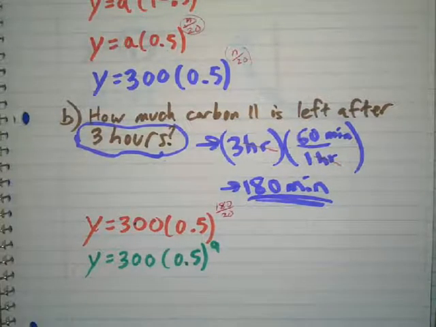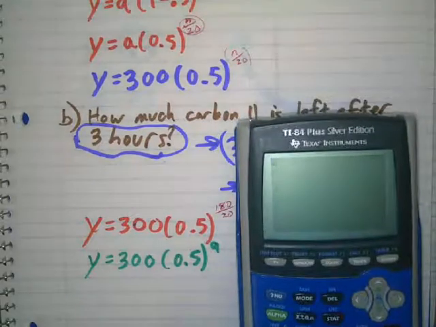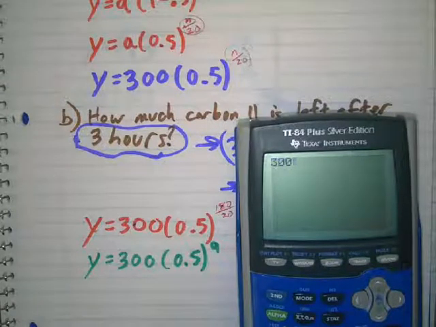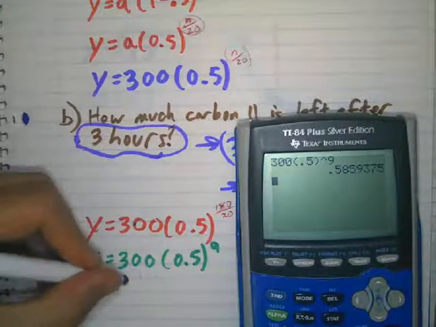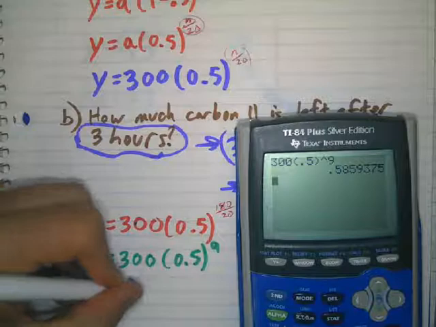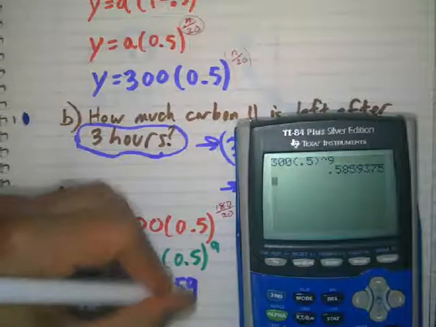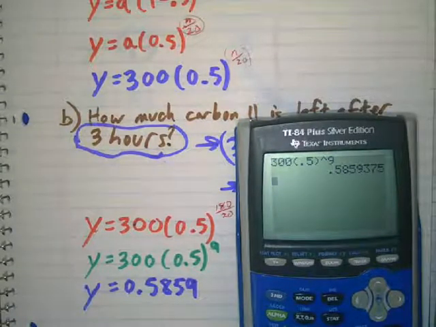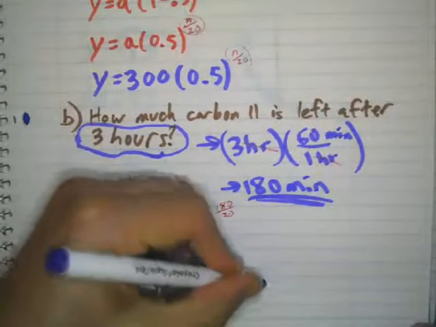Okay, so then I can type this into my calculator. 300 times 0.5 to the power of 9, and we get y equals 0.5859, and that is the amount of grams left over.